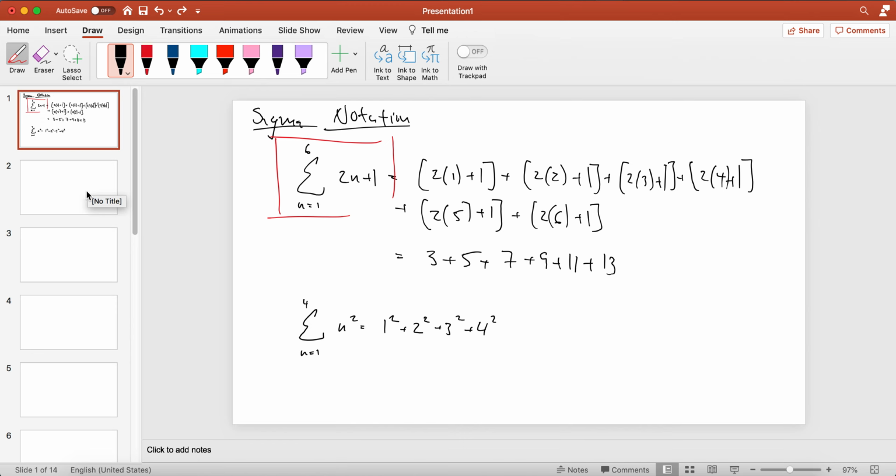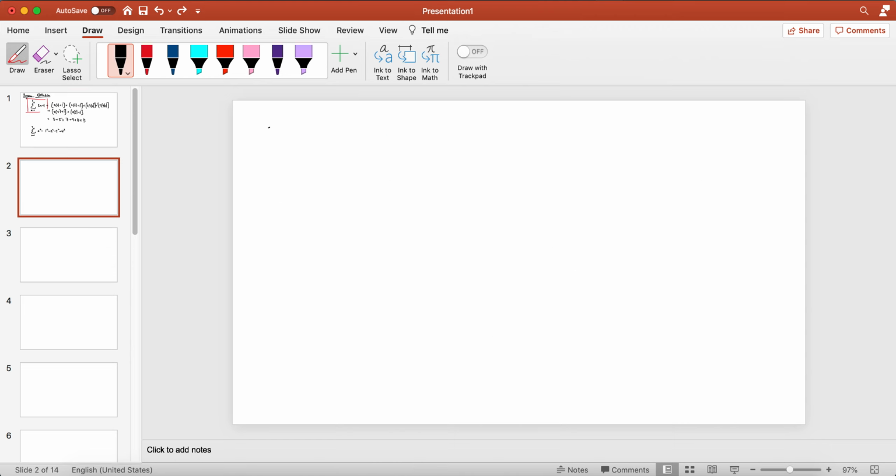Okay, fine. But let's say I gave you something different. Let's say I wanted to go in the reverse direction. What if I told you, write this as a sum in summation notation.